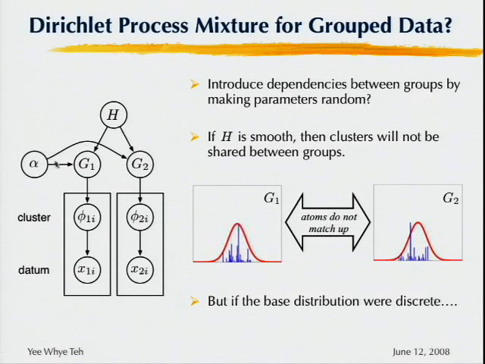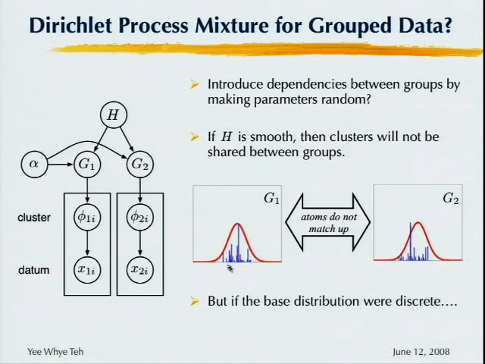But the problem with this approach is that if our base distribution is a smooth distribution, then we will never get clusters shared between the two groups. And we can see this because recall that in the Dirichlet process, the atoms are drawn IID from the base distribution, right?